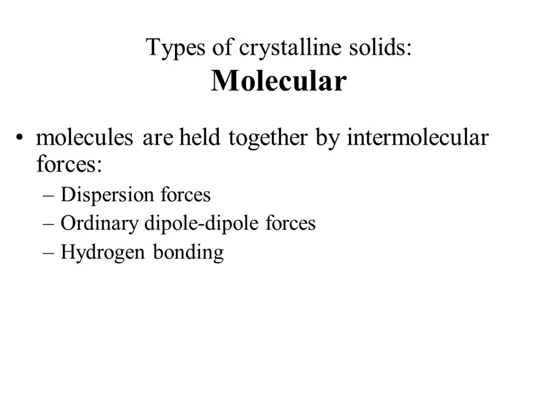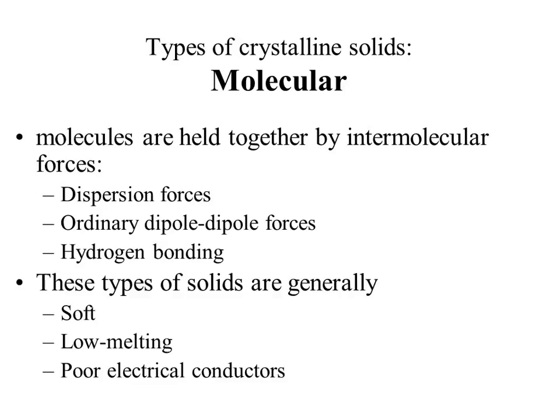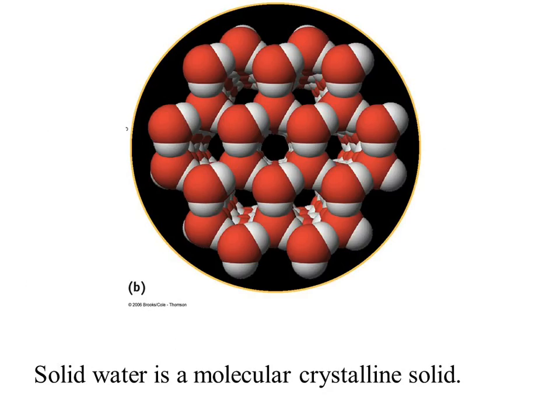We have the dipole, induced dipole, that would be the dispersion forces, or special hydrogen bonding like water. They generally melt at a relatively low temperature, and unlike some of the other solids we're going to talk about, they do not allow electricity to pass through. They have a high resistivity. They're poor conductors of electricity.